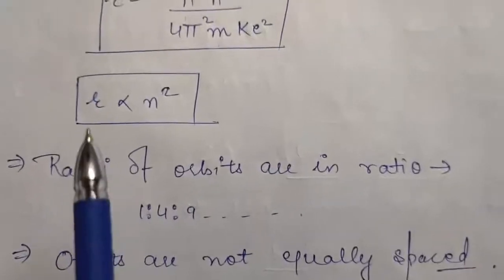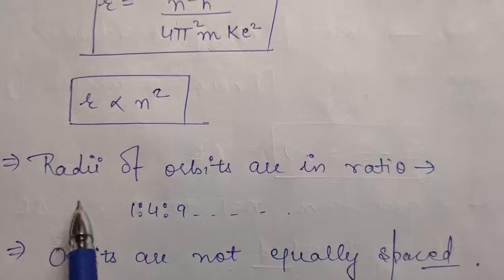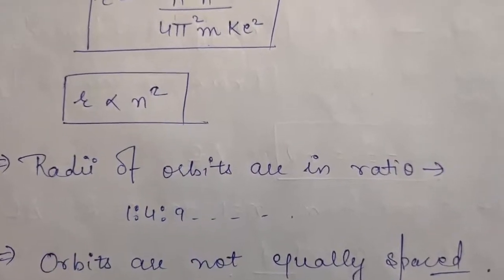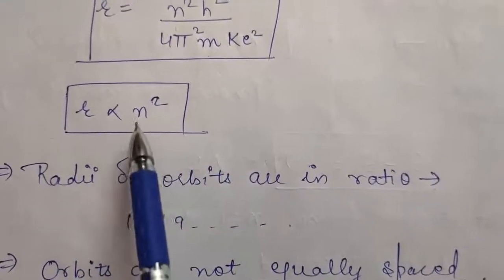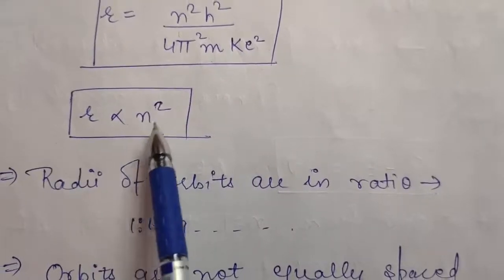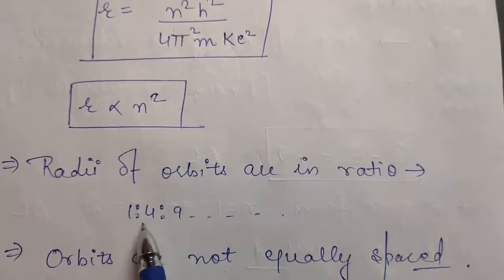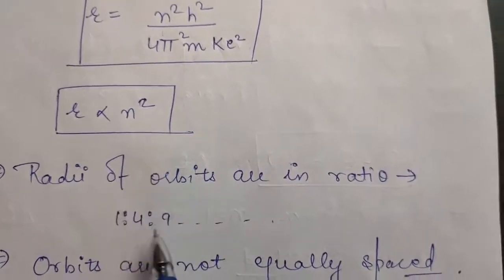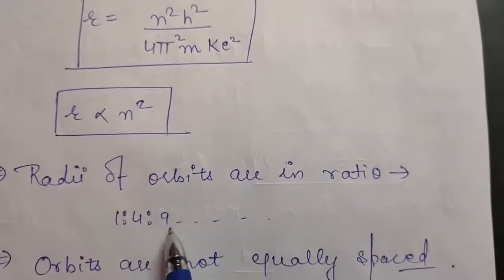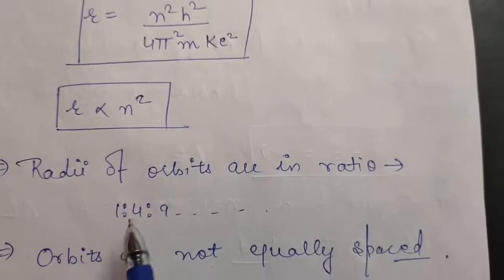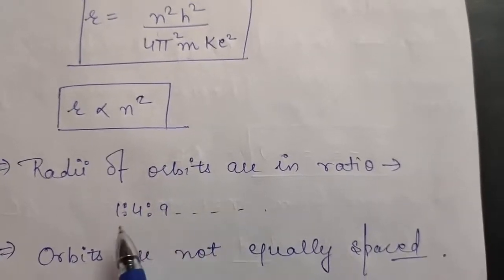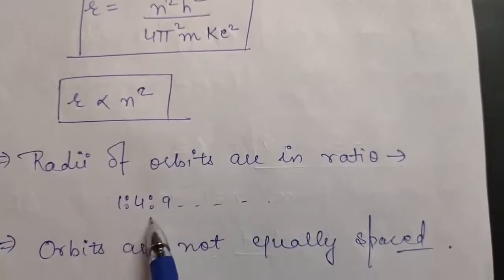So if you calculate the radii of orbits in different ratios from this relation, radius is directly proportional to n square. So when n is equal to 1, the ratio will be 1; for n equal to 2, it is 4, because 2 square is 4. When n is equal to 3, it will be 9. So the radii of the orbits will be in the ratio 1 : 4 : 9.